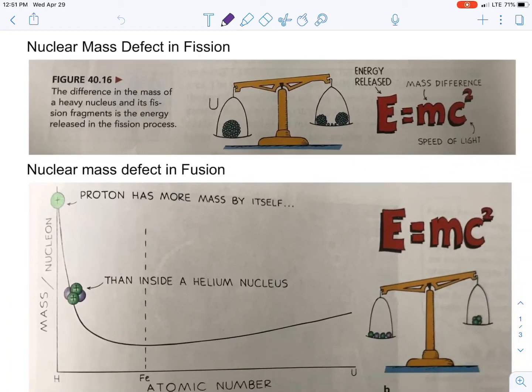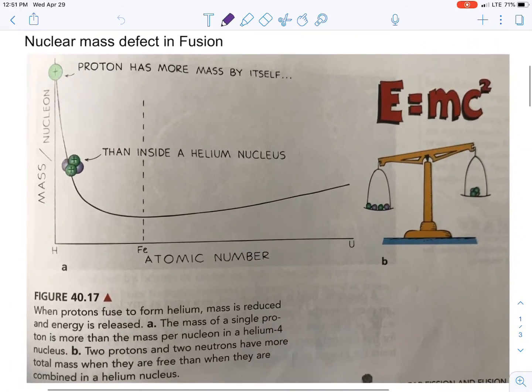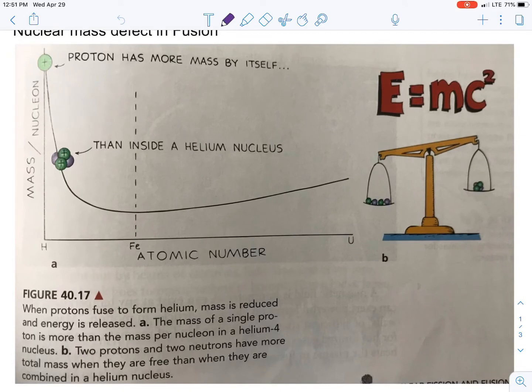Okay, now let's look at this chart. This chart is kind of weird, and it might take a little bit to get the gist of this. But when you have small particles all the way up until you get to iron, the mass changes as you join them together.